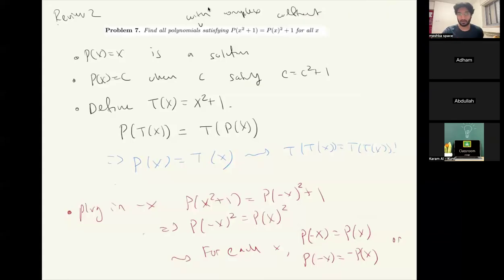But we can use the pigeonhole principle. We have infinitely many numbers. I don't understand the words. The what principle?